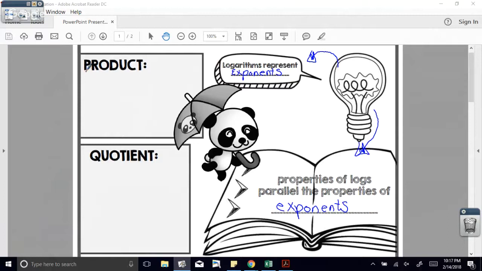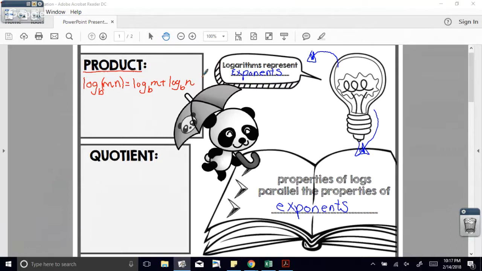To remember, the first one is the product property of logs, which says that if we have the log base b of m times n, it becomes the log base b of m plus the log base b of n.